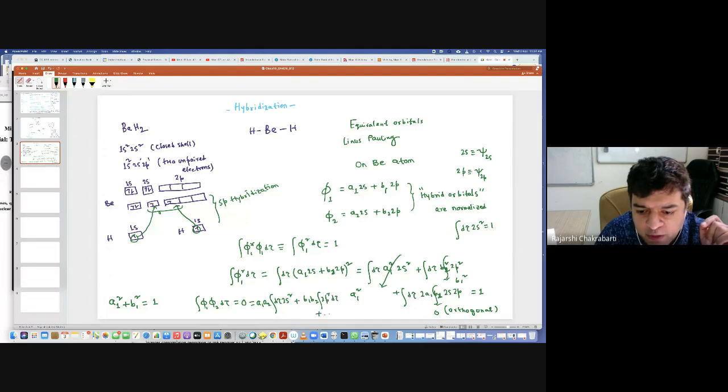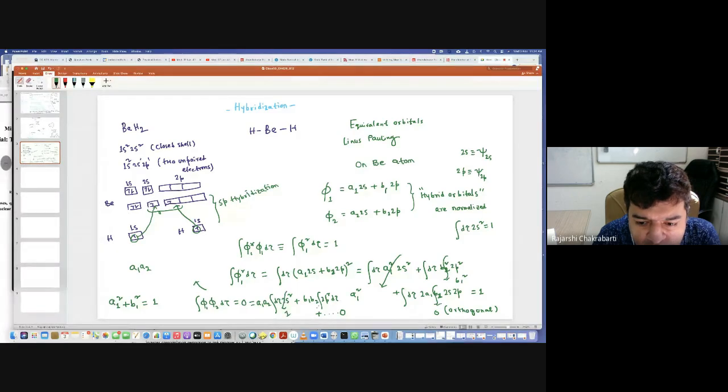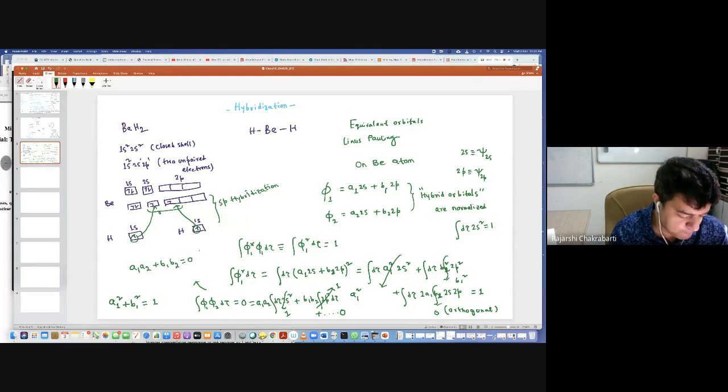But then you'll have cross terms, a1 2s b2 2p, but they are 0, isn't it? All the cross terms are 0. So I'm going to get another condition: a1 a2 plus b1 b2 is equal to 0. Is it clear?